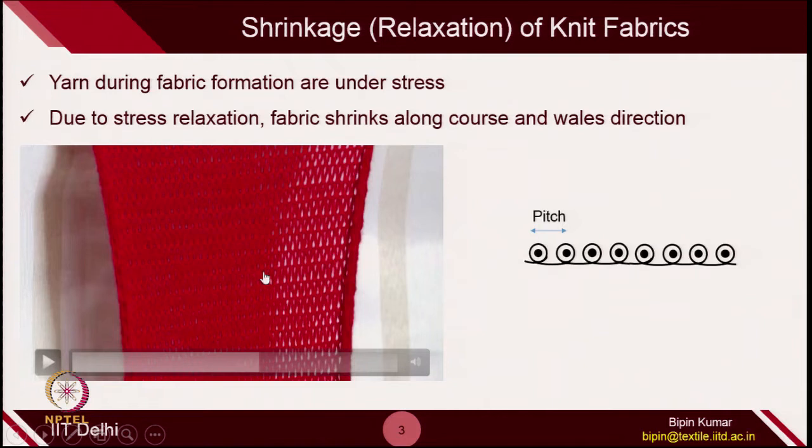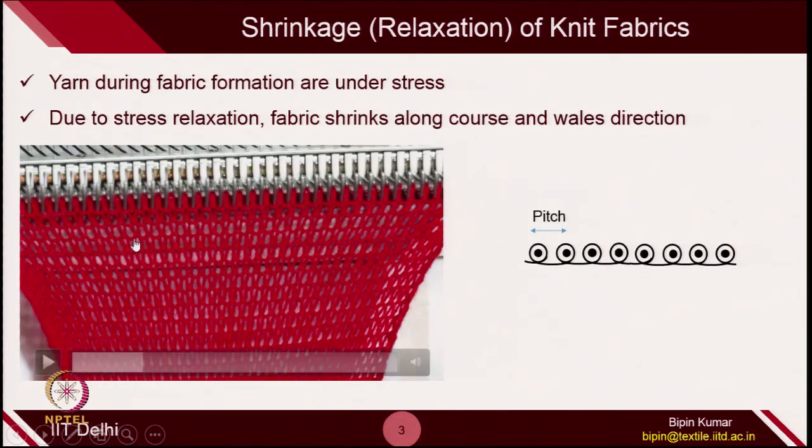You can see here the fabric width is this much, but at the knitting zone the fabric width is more. So, the moment the yarn moves away from the knitting zone or dead weight zone, you will observe the fabric try to shrink.